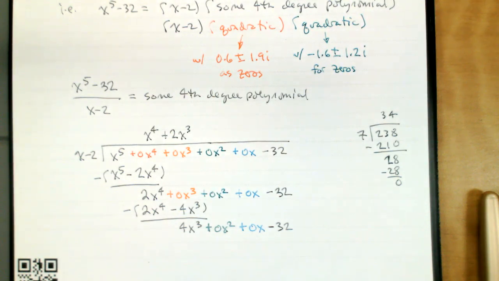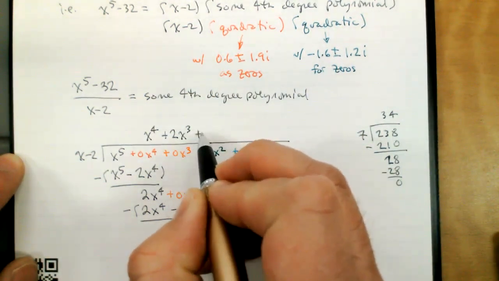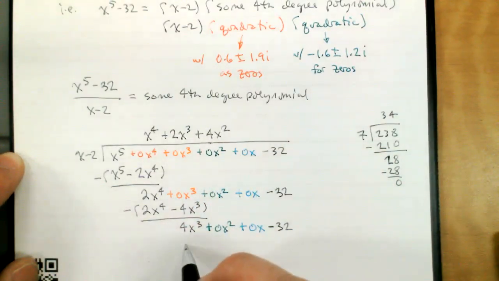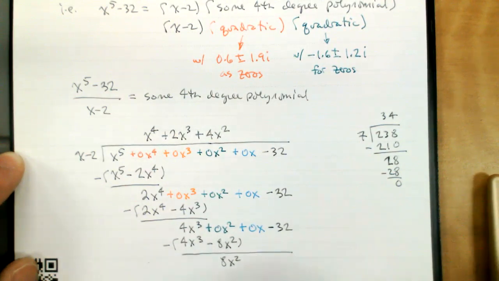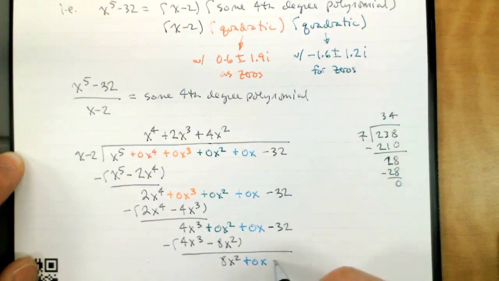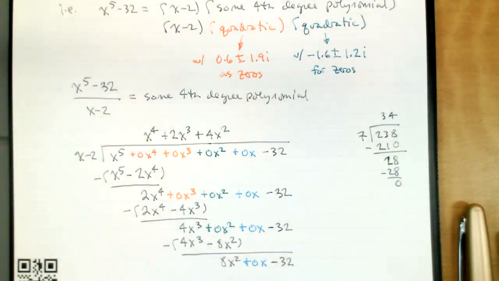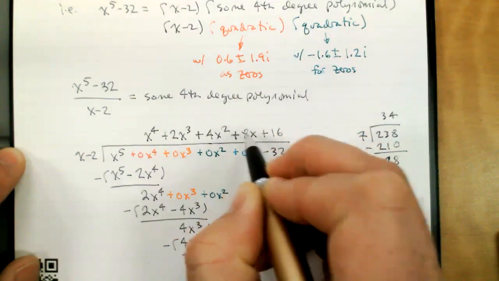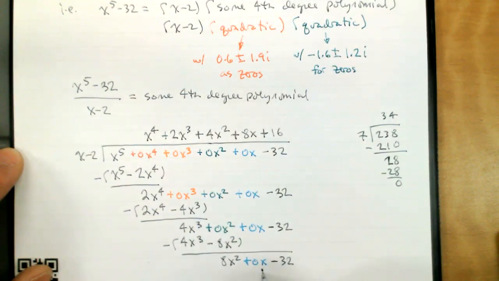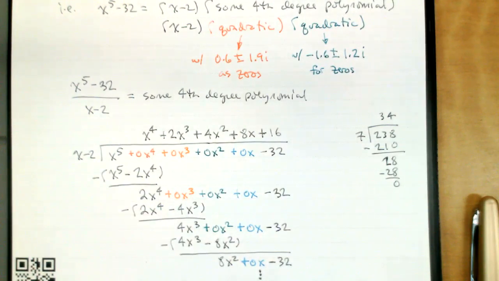And then we just keep going. Oh, just like we thought, some fourth degree polynomial.